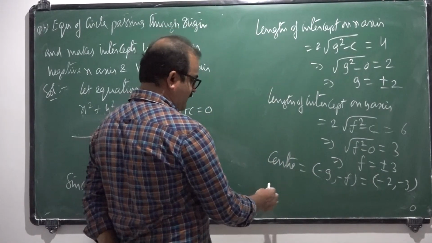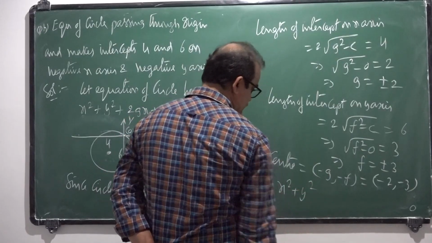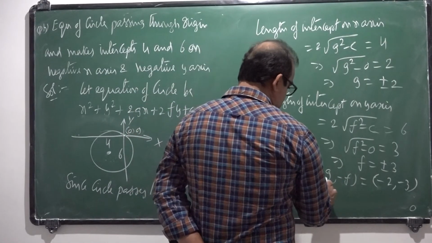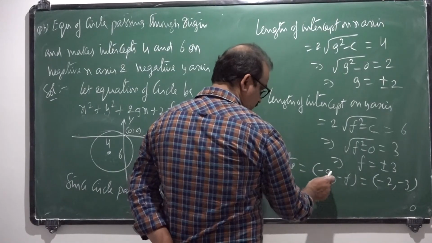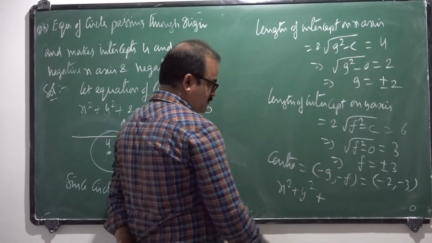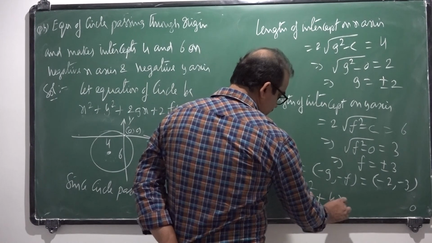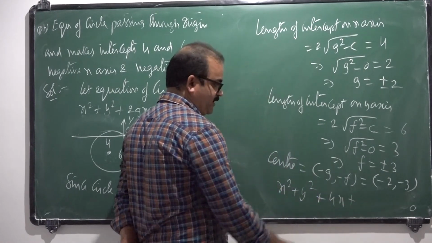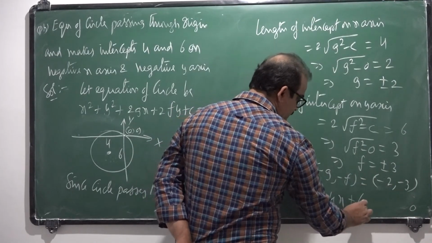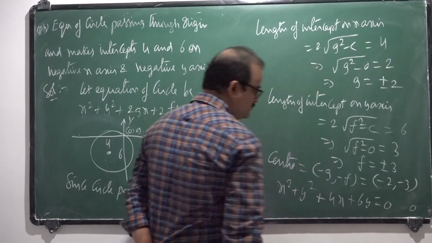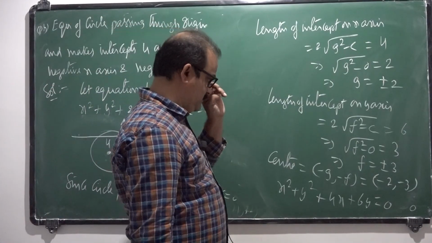Now find the equation of the circle, that is x square plus y square plus 2gx. On comparing, minus g is equal to minus 2, so g is equal to 2, plus 2gx, that means 4x, plus 2fy. On comparing y coordinates, f is equal to 3, plus 6y is equal to 0. You have observed this point here.